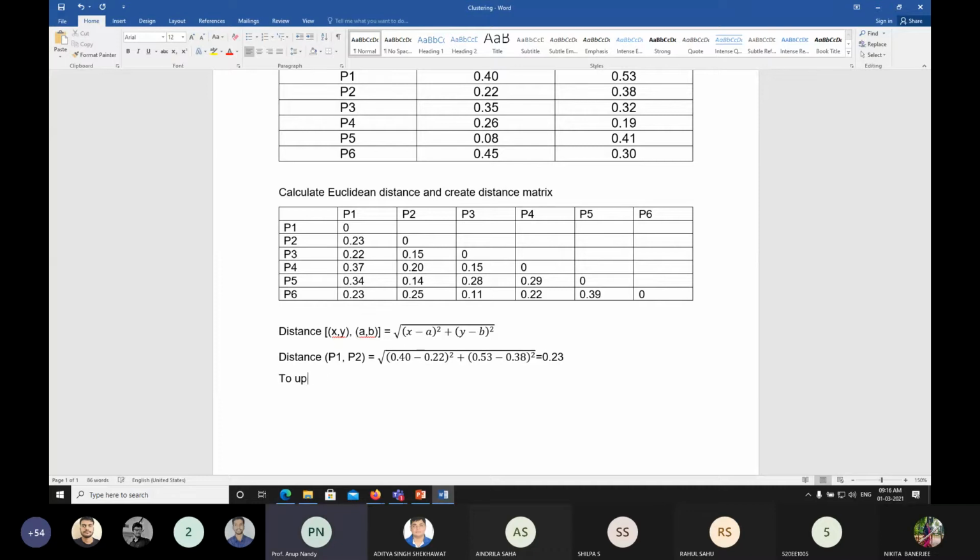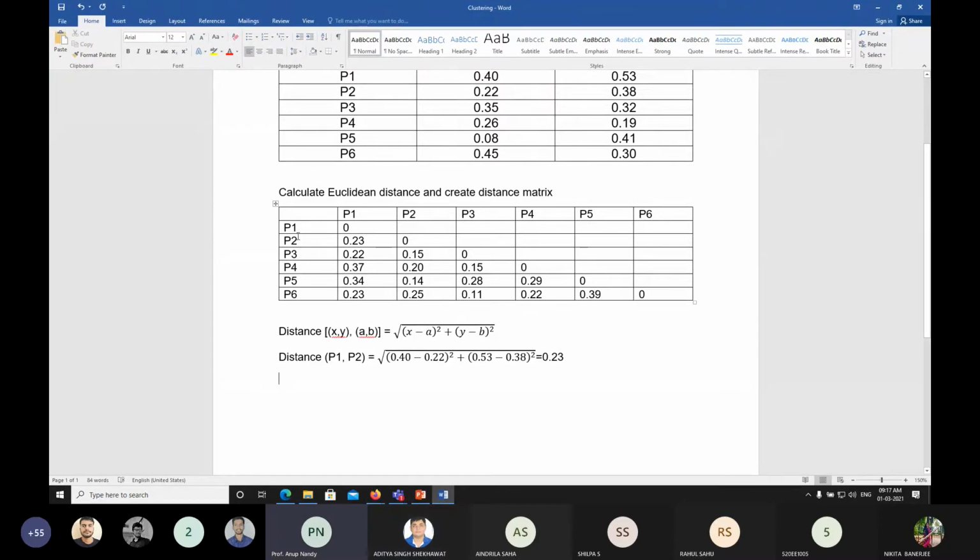Before the update, which one is the minimum element here? P6, P3. Yes, 0.11.